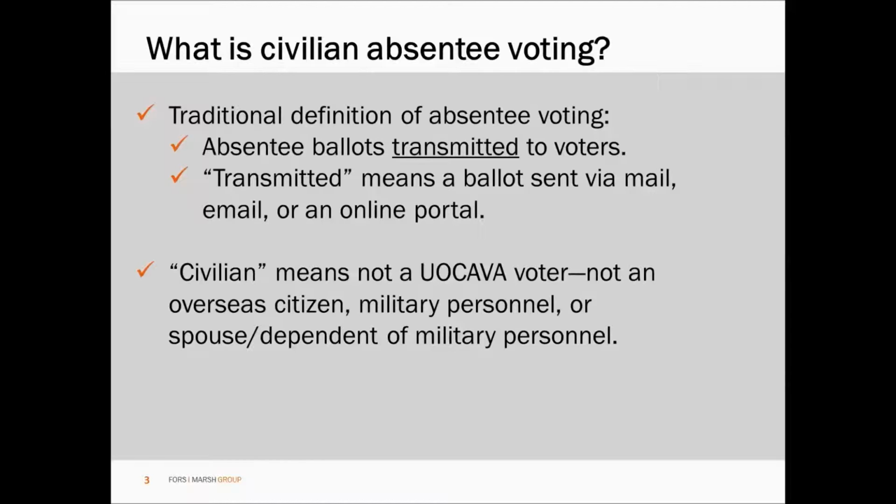Transmitted means that your office sent the voter a ballot via mail, email, or an online portal. Second, this section refers to civilian absentee voting. Civilian means that the voter who received the ballot was not a UOCAVA voter. So they were not an overseas citizen, they were not a member of the military, and they were not the spouse or dependent of military personnel.